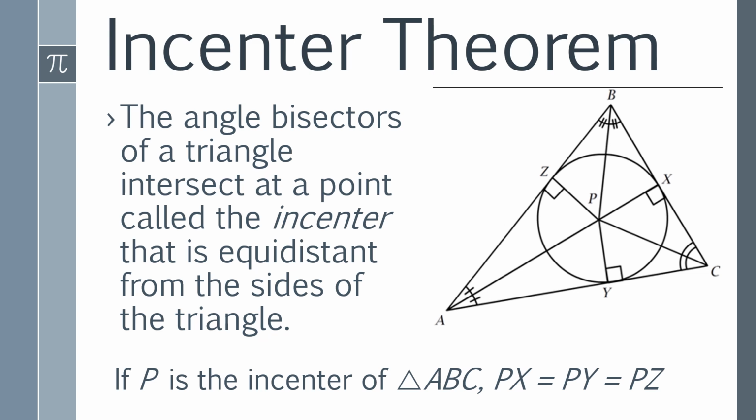We're not going to go through the proof of this because it is very long and drawn out. But we're just going to apply this and say when we have an incenter, we have a circle that is inscribed inside of the triangle, and the center of that circle makes all those radii congruent.